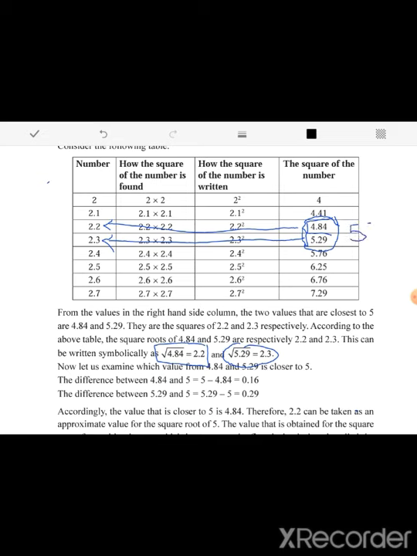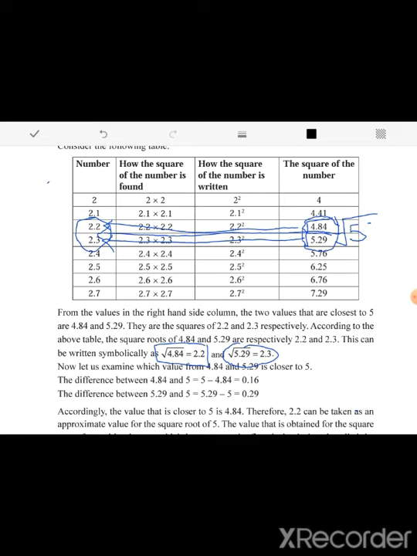So 5 is in between these two numbers. Square root of 5 is in between these two numbers, right? So square root of 5 is in between 2.2 and 2.3.